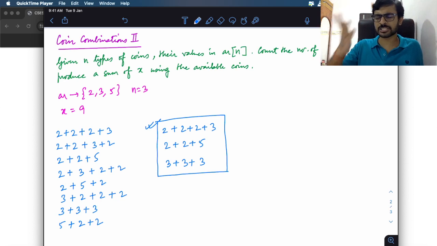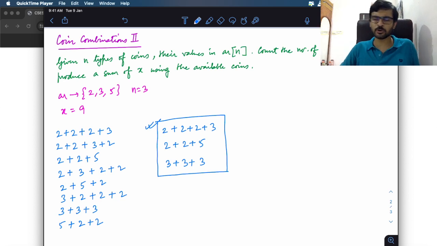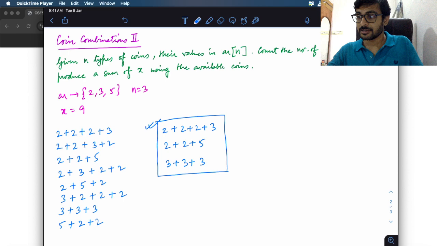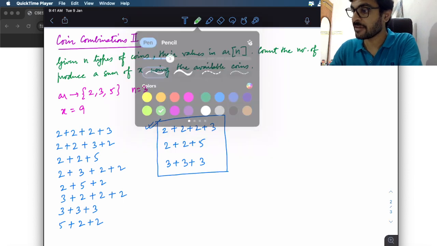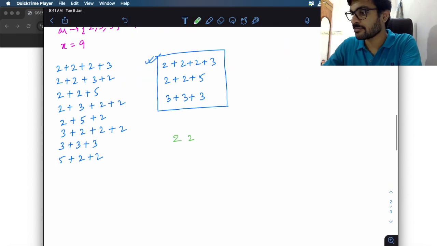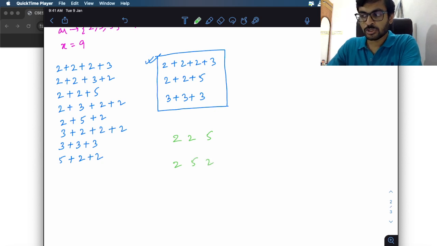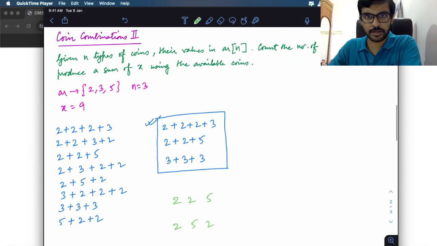Whatever is the number of ways, just keep on adding them. So 2, 3 and 3, 2, both of them got added as separate ways. But over here we need to be careful. If we are counting 2, 2, 5, we should not count 2, 5, 2. So that is the main aspect of this question. How do you guarantee that you are counting only one?